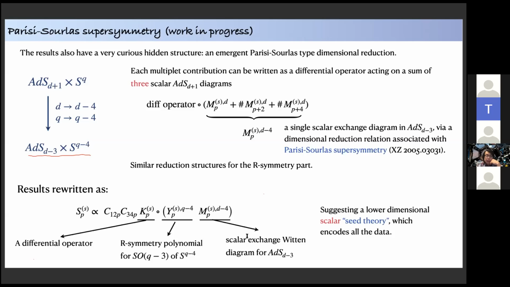This single diagram is a scalar exchange diagram in some dimensionally reduced AdS space, multiplied with a polynomial associated with a dimensionally reduced sphere. This form of the result seems to suggest that there is some lower dimensional theory, and that theory does not have spinning particles. It has only scalars, and that theory is enough to encode all the data for computing the full correlator.